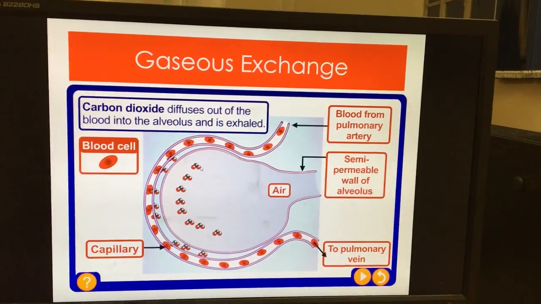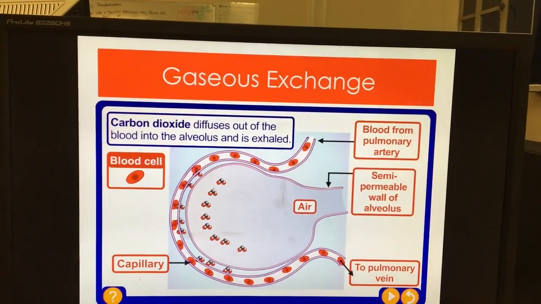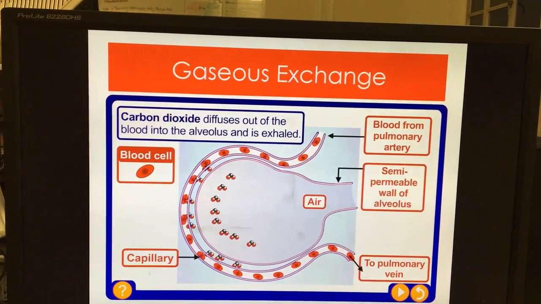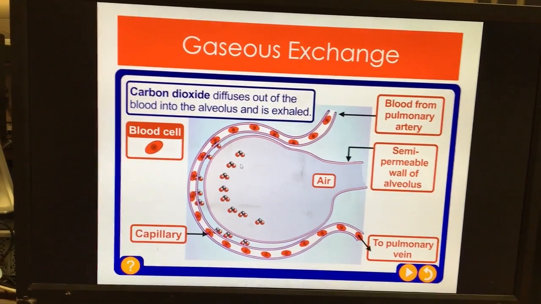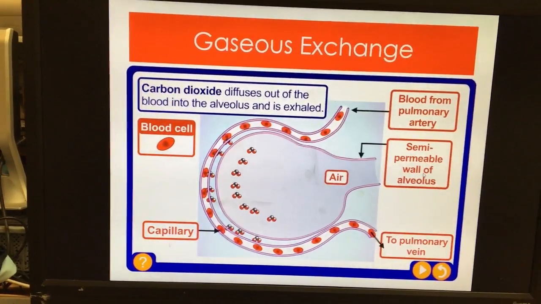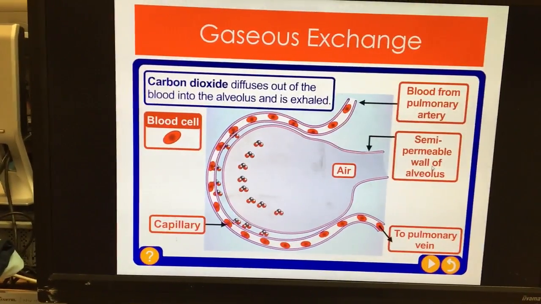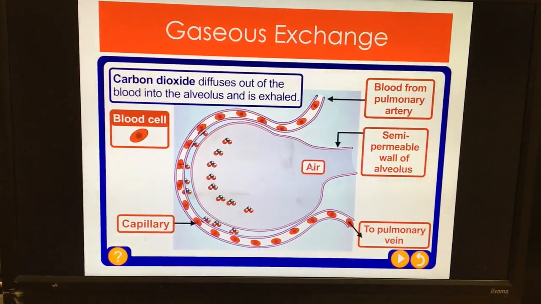What happens with that carbon dioxide is it comes back out the capillary through the semi-permeable wall into the alveoli, and then it goes up through the bronchioles, through the bronchus or bronchi, up the trachea, and we exhale it out the lungs. And then the process starts again.